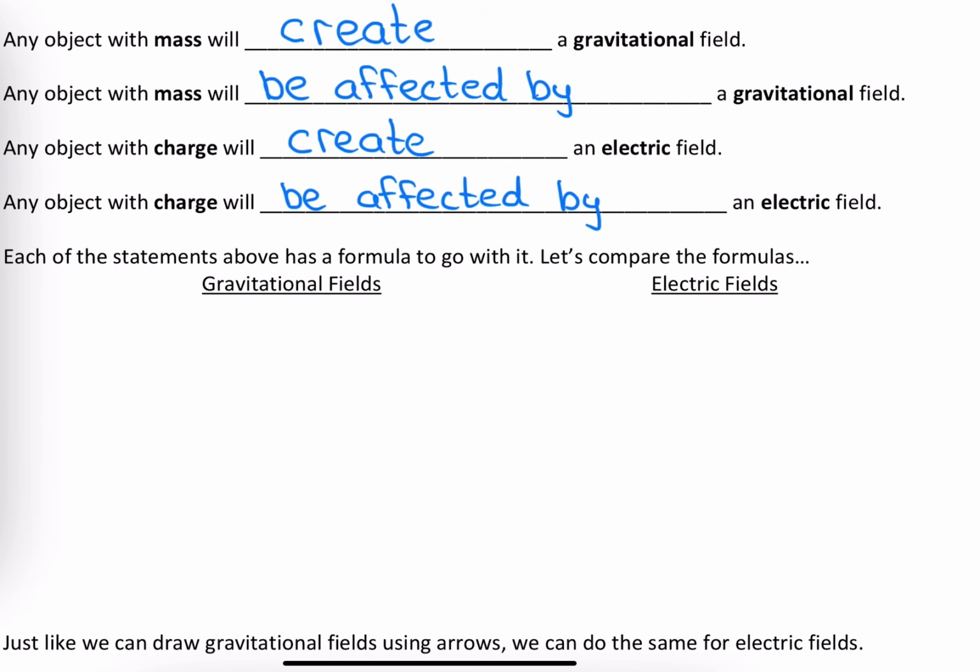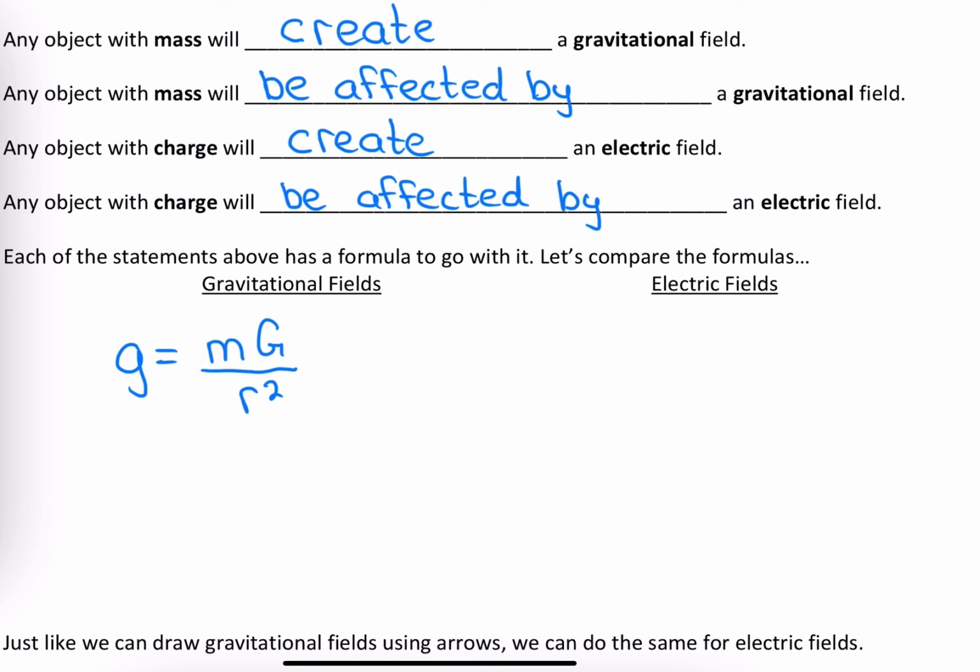For gravitational fields, we had a couple of formulas. We had this one. And this formula told us that an object with mass will create a gravitational field around it.